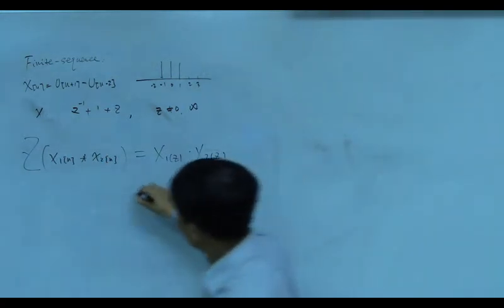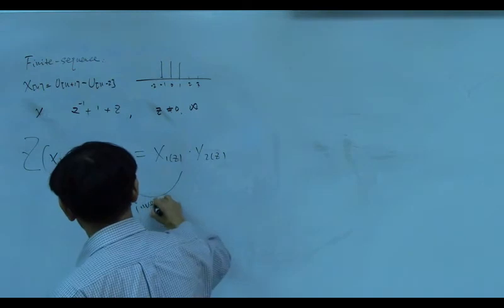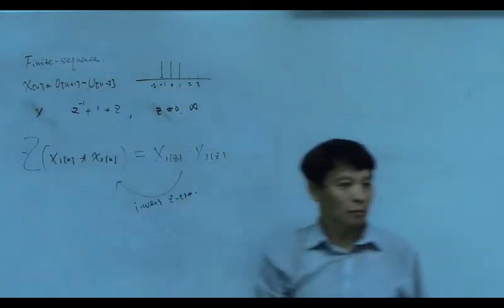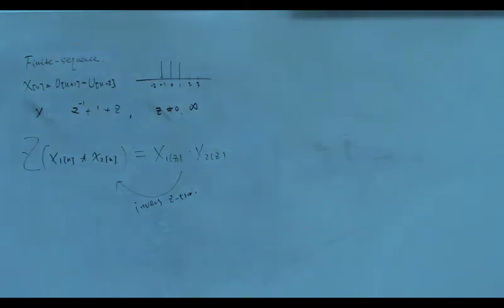Then the next step is to use the inverse Z transform, and then you get this. Just like in the Laplace transform. In the Laplace transform, if I want you to convolve two continuous time signals, you calculate the Laplace transform of the first one, then of the second one, you multiply these two Laplace transforms together, then you do the inverse Laplace transform.